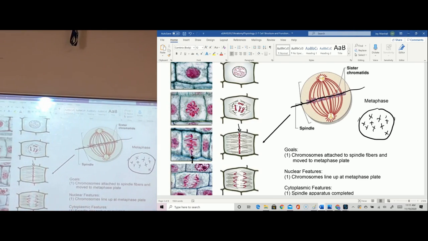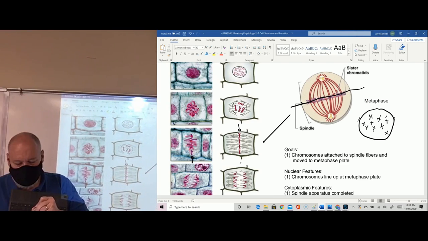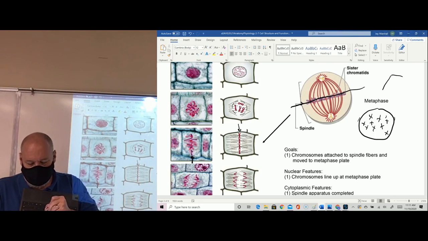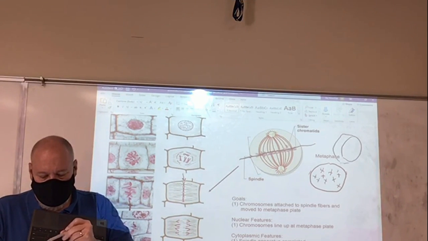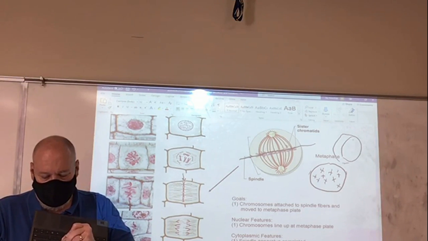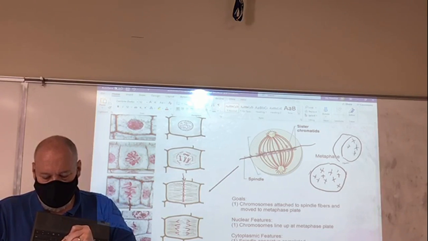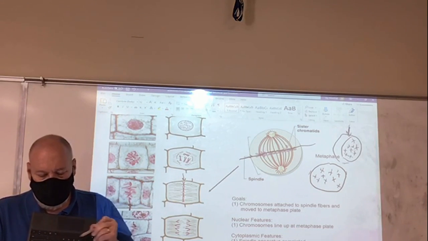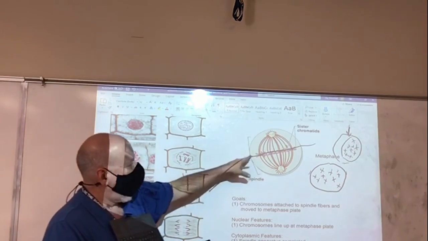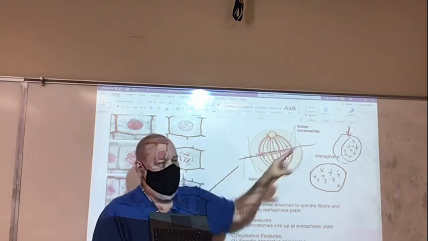It's like I took a thing of cookie dough, right? If I took a section of cookie dough and cut down the middle, if this was the middle of the cell, I'd have chromosomes stuck in the cookie dough like this. But if I look down from the top, it would look like they're just all lined up in a line there, right?